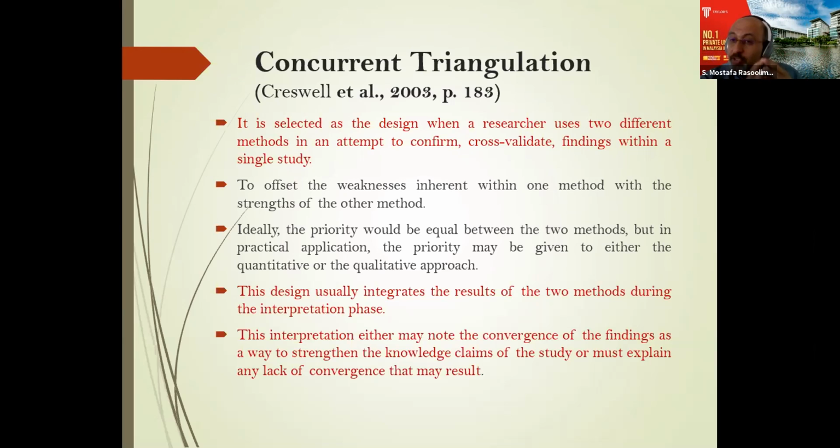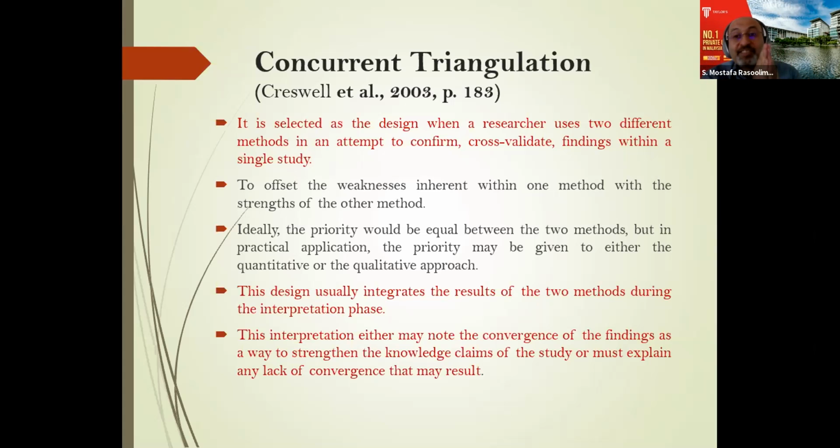When we say sequential, it means to conduct the second phase, we need the result of the first phase. So the data for the second phase cannot be collected before the result of the first phase.